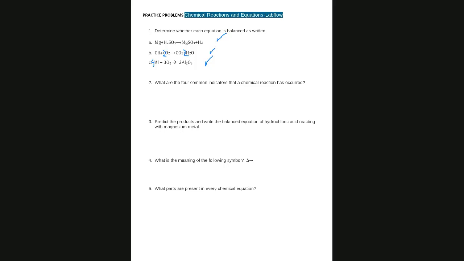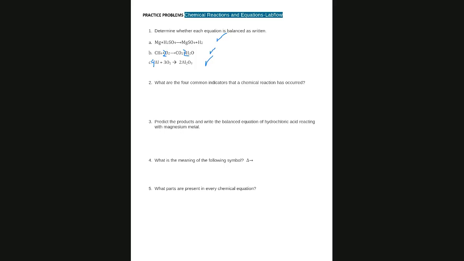And now let's look at question number 2. What are the 4 common indicators that a chemical reaction has occurred? We talked about that when we looked at the page of the experiment.